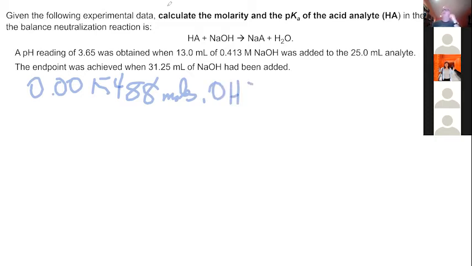How do I go from moles of hydroxide to pH? That's basically all I've got right now. I've got moles of hydroxide, and I need to figure out some way to convert that into a pH.